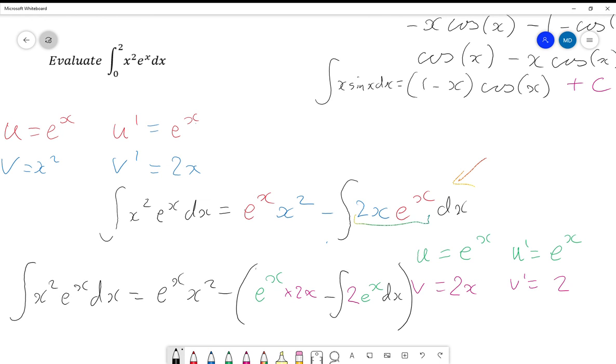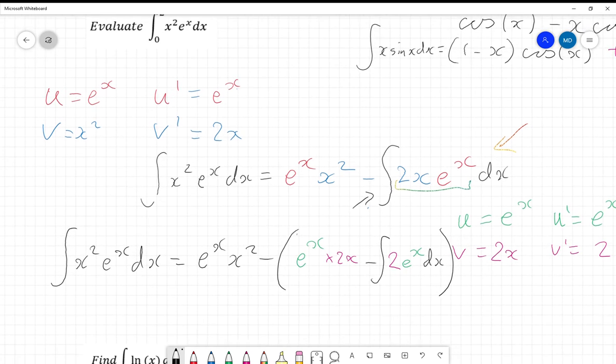And notice I put the whole thing in brackets because we're subtracting all of this, because we're subtracting the integral here, hence we're subtracting everything here.